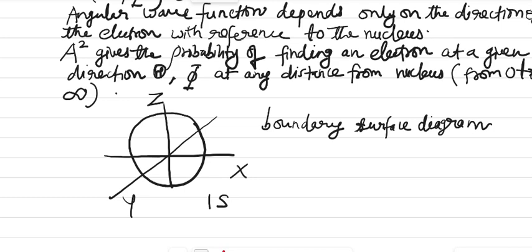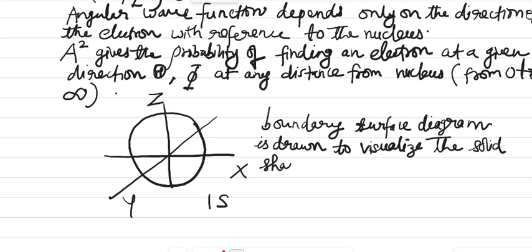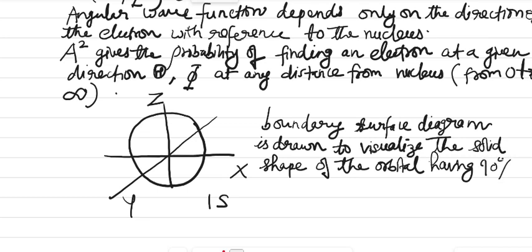These boundary surface diagrams are made to visualize the solid shape of the orbital having about 90% of electron density.